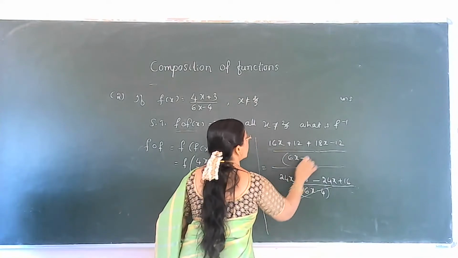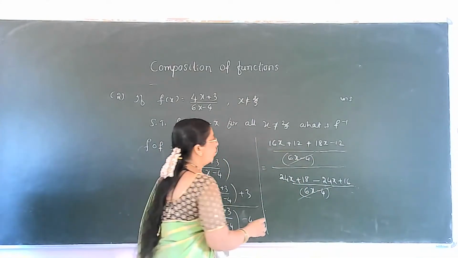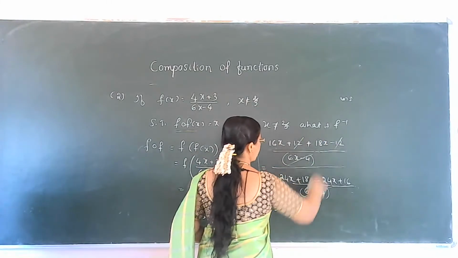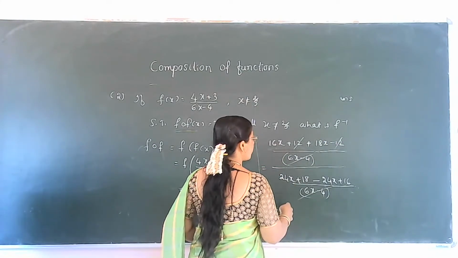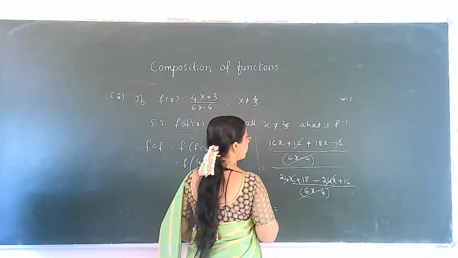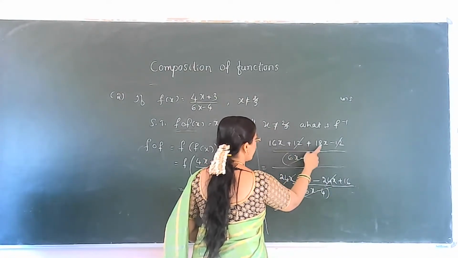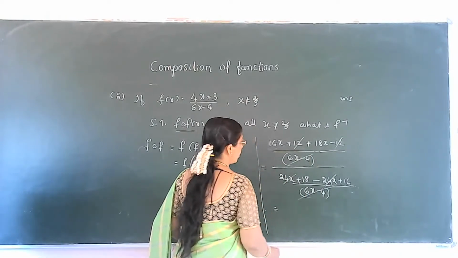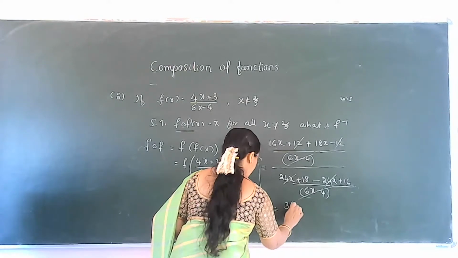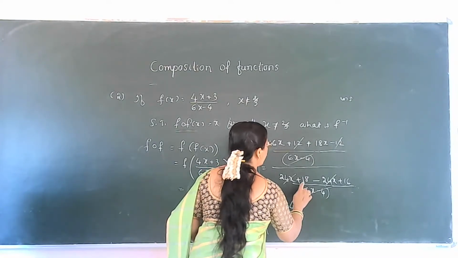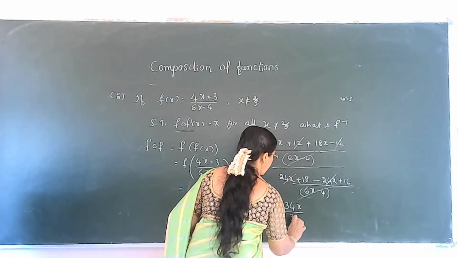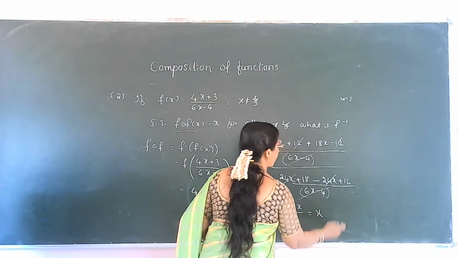Here, this denominator cancels. Then we get 16x, the 12 cancels. Here the 24x cancels. Here 16x plus 18x is equal to 34x divided by 34, since 18 plus 16 is equal to 34, which is equal to x.